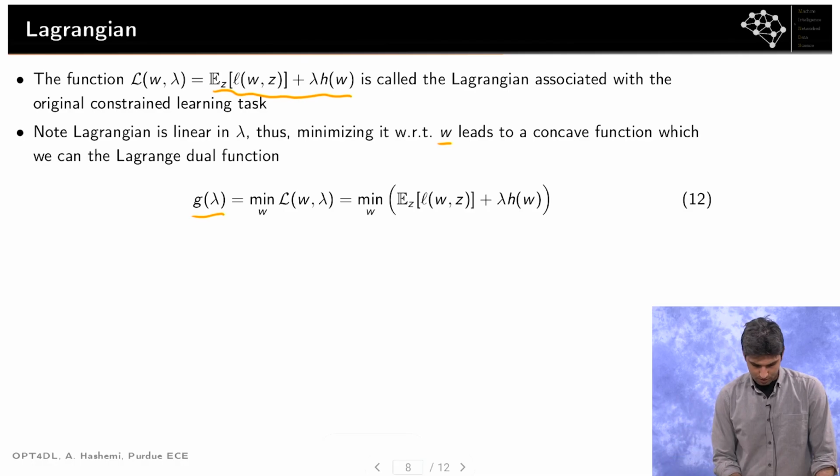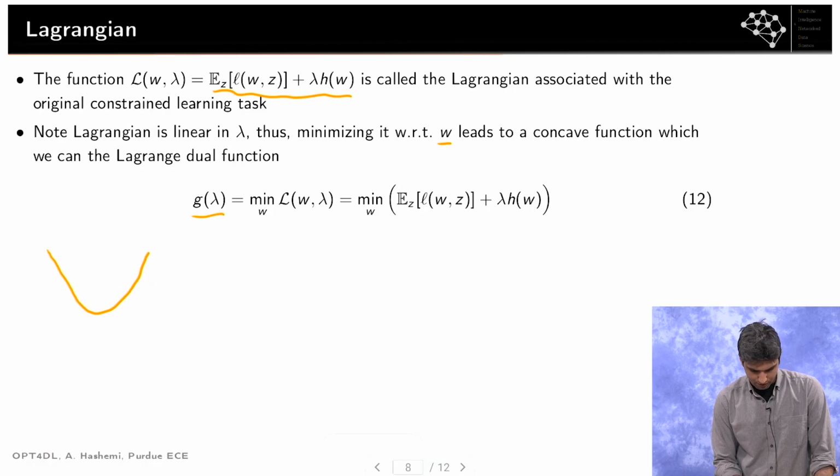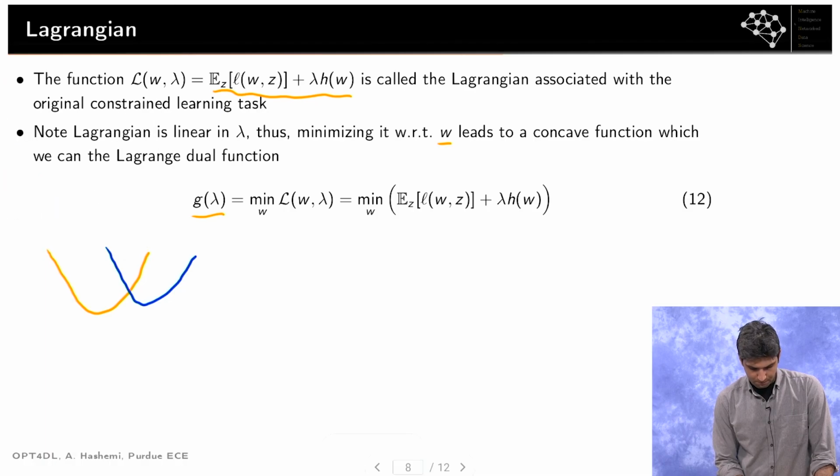So let me try to demonstrate this by this simple figure. So imagine that I have two convex functions, and a linear function is also a convex function. Now I ask you to find the maximum of these two functions.